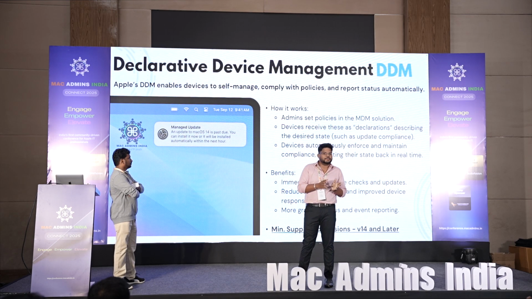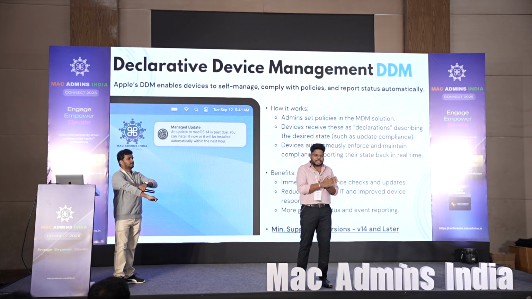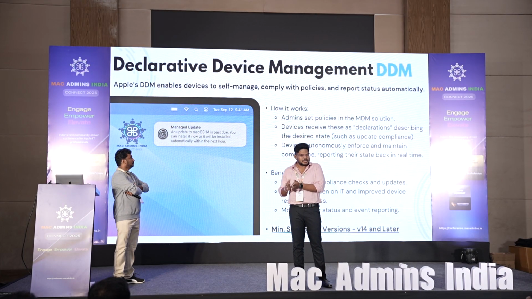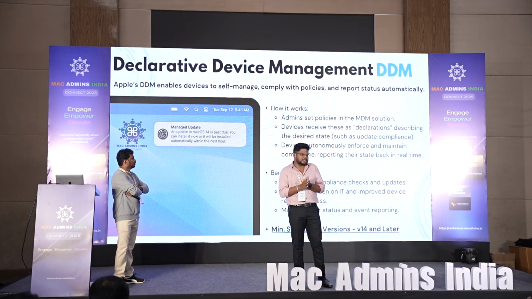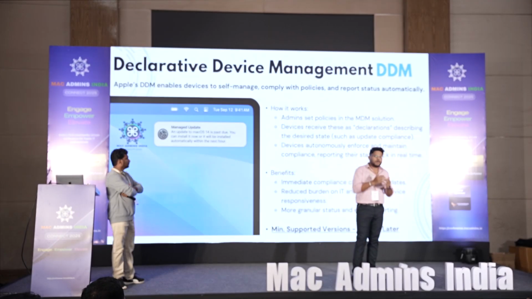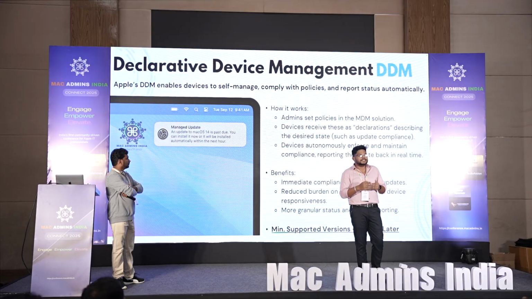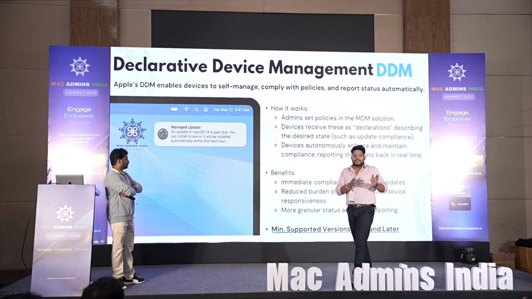We push a declaration to the Mac device, saying this is the device, this is the macOS update, and let's push the macOS update to that particular device within this particular time window. This is the extreme time limit, after which it should update on its own. But it gives the end user a method to update during that period.